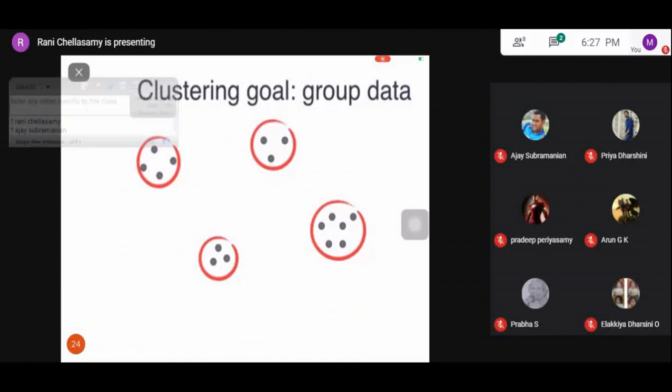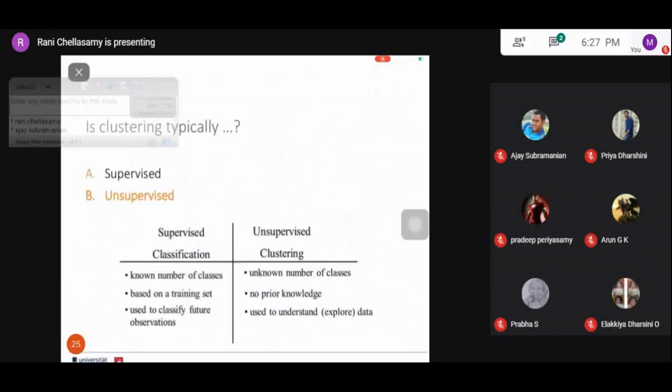Let's see the comparison between supervised and unsupervised learning, or in other words, the difference between classification and clustering. Under classification, the number of classes is given, the target class, the labeled class.